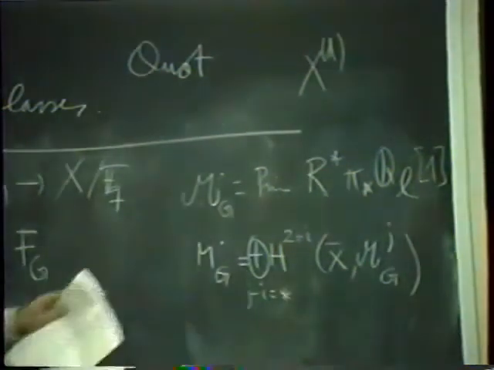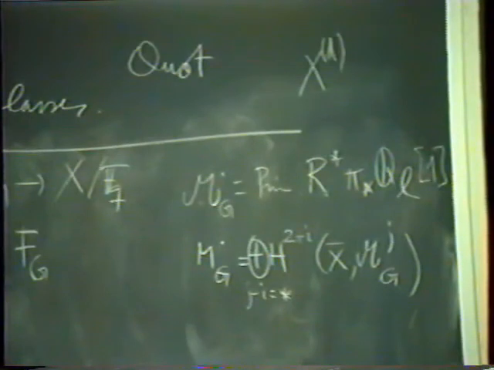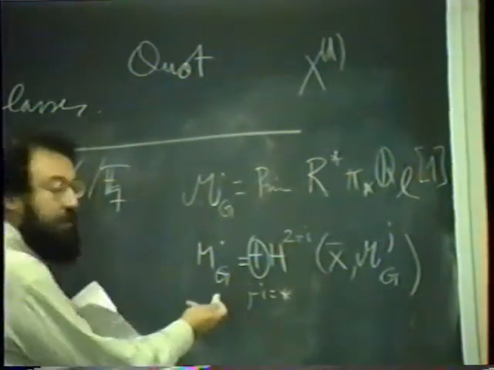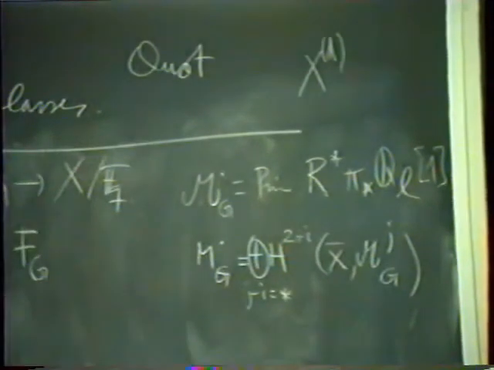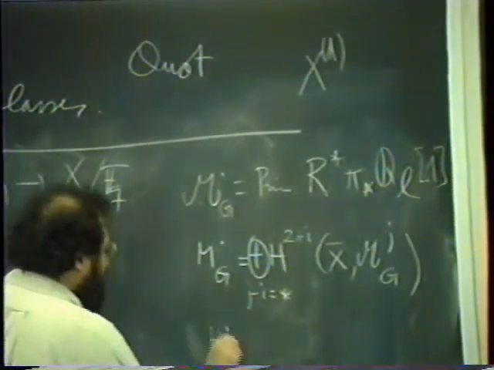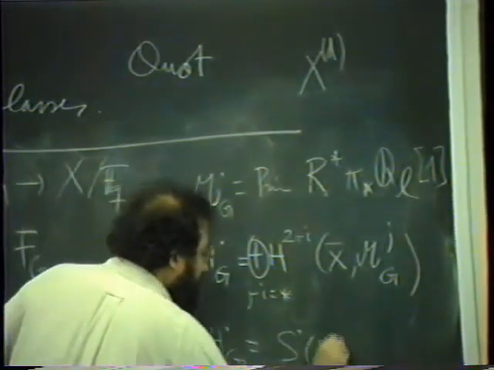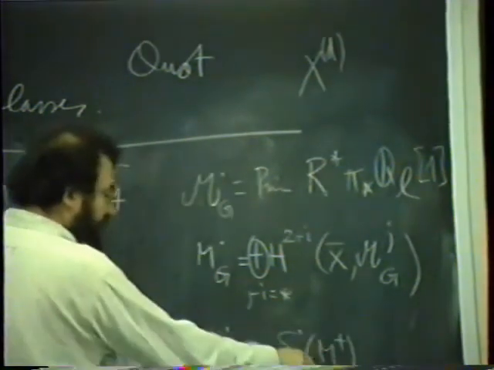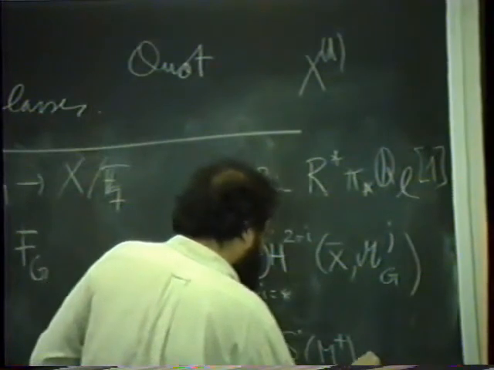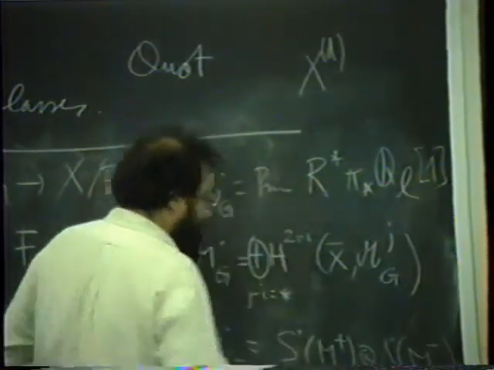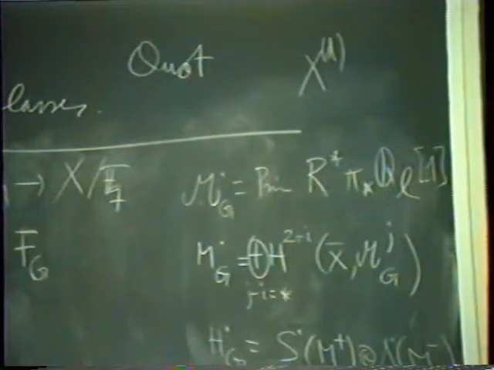This is the graded module. And I want to take now the universal graded algebra over this graded module. So let me call it H sub G, and that's going to be S, the symmetric algebra of the even part tensor the alternating algebra of the odd part.